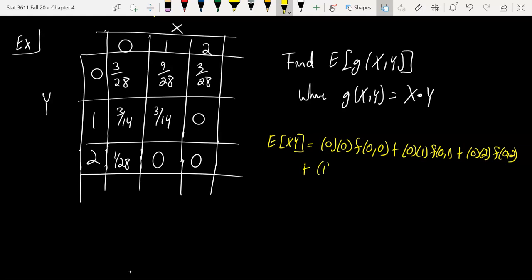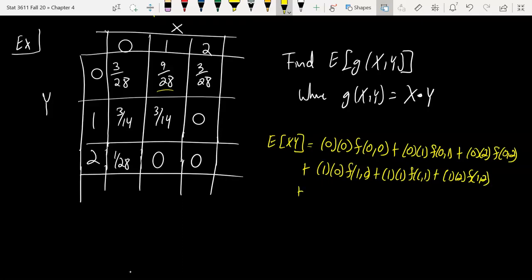Now I'm going to cycle through when x is 1. I'm going to go down this second column. When x is 1 and y is 0, that would be f of 1, 0, which is 9/28 right there. And then 1 times 1 times f of 1, 1, plus 1 times 2 times f of 1, 2.